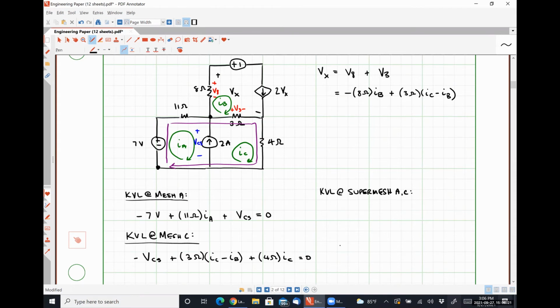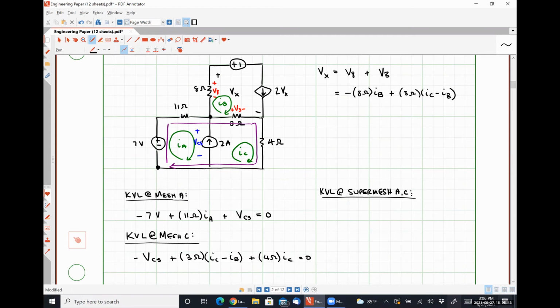AC is just KVL at mesh A plus KVL at mesh C. I literally add those two things together, and that voltage drop winds up canceling itself out because I see it from the positive polarity perspective first, and then I see it from the negative polarity perspective when I go the other way around.